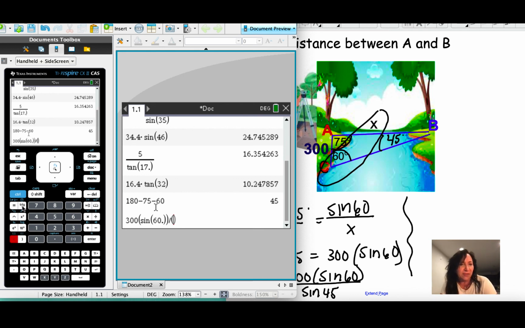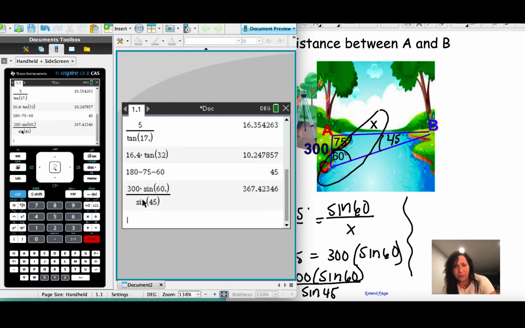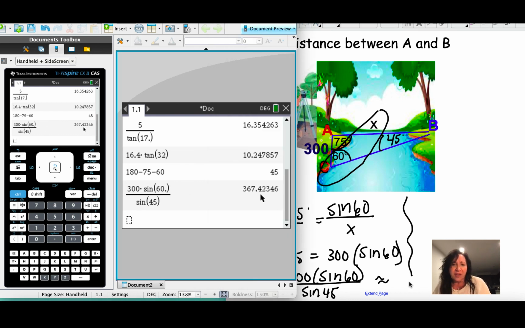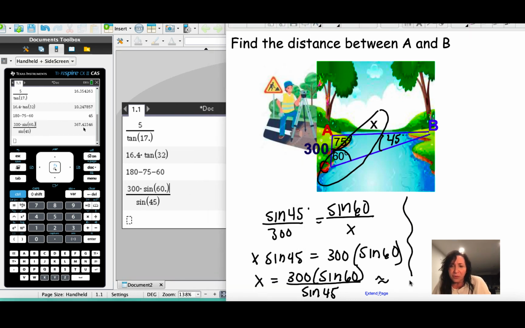You just need parentheses, you guys. Sine of 45 in the denominator, and enter, I get 367.4 feet. Or meters, depending on what the surveyor is measuring in. So 367.4 would be my answer to the distance between A and B.